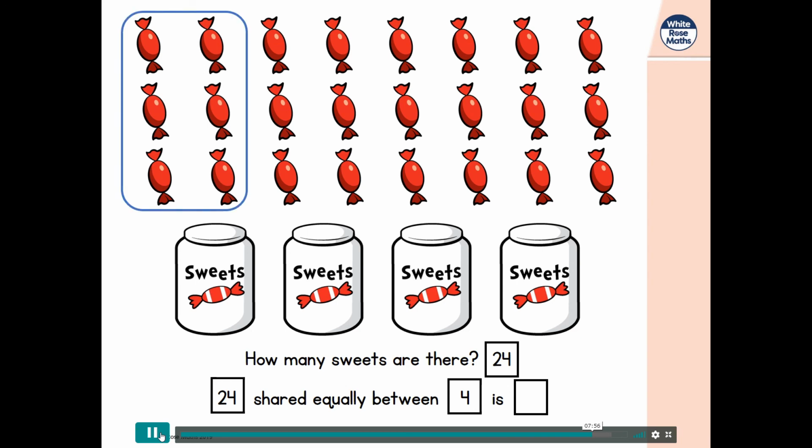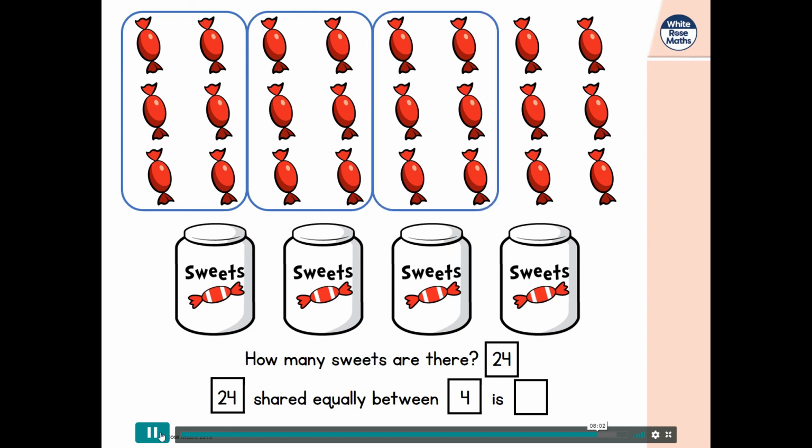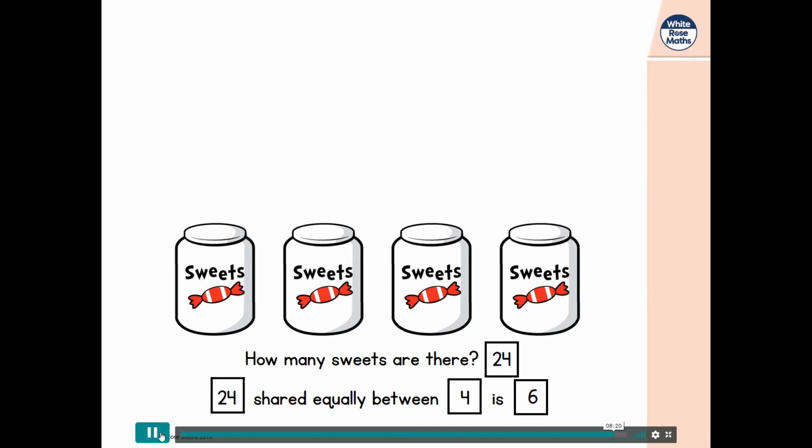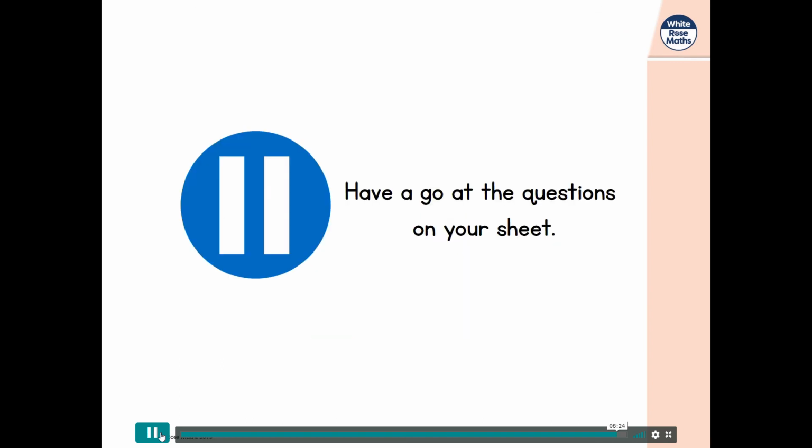Let's try putting 2 columns in the first jar, 2 columns in the second jar, 3 and 4. We've got 4 equal groups. 24 shared equally between 4 is 6. Excellent. But once again, let's get those in the jars. Out of sight, out of mind.